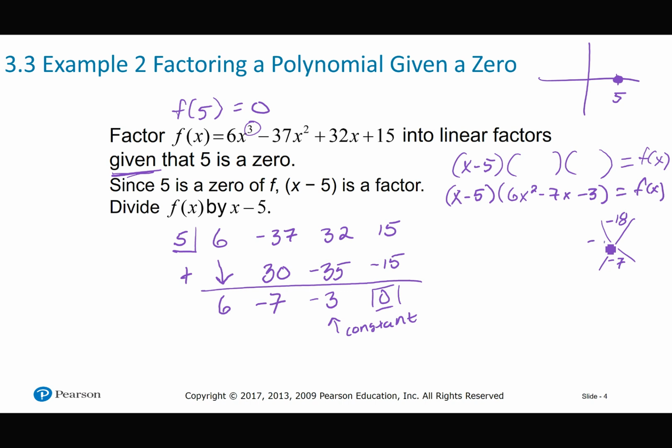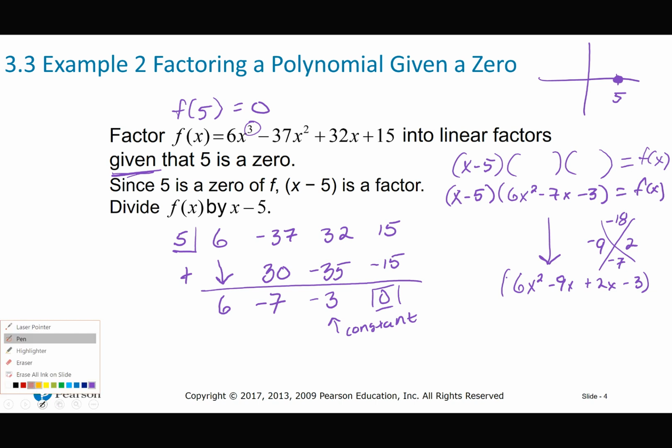So negative 9 and a positive 2. We need to be able to factor as we're working through these problems. I'm just going to bring this all the way down here. So this one goes into 4 spots: 6x squared minus 9x plus 2x minus 3.